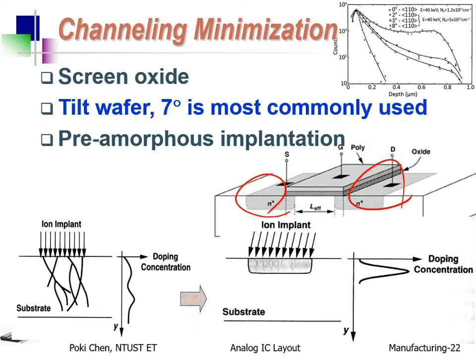You have more side diffusion here, less diffusion there. Or you will face a lot of mismatch after fabrication, even for a single device, a single transistor. What can you do? What you need to do during layout, especially for analog IC designers, is for critical devices, for critical transistors of your analog circuit.